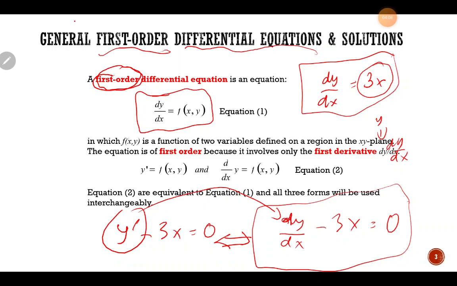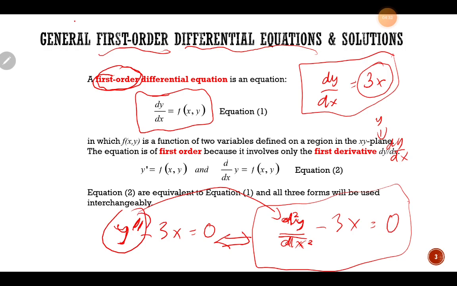So for this case, dy over dx ni adalah first order differential equation sebab it's just y prime, sekali je differentiate. Tapi katakanlah dalam soalan tu is d squared y over dx squared, or we may put it as y double prime. Maknanya ni adalah second order differential equation.